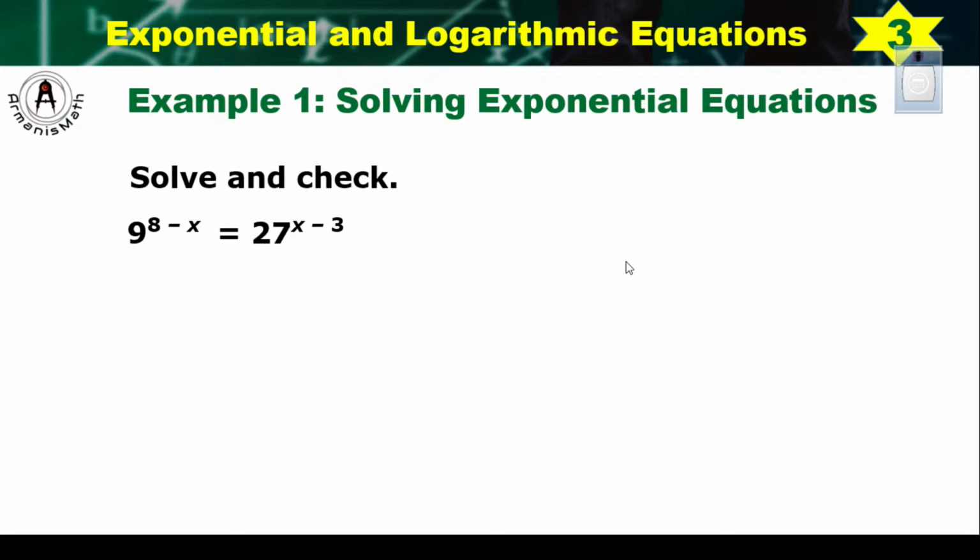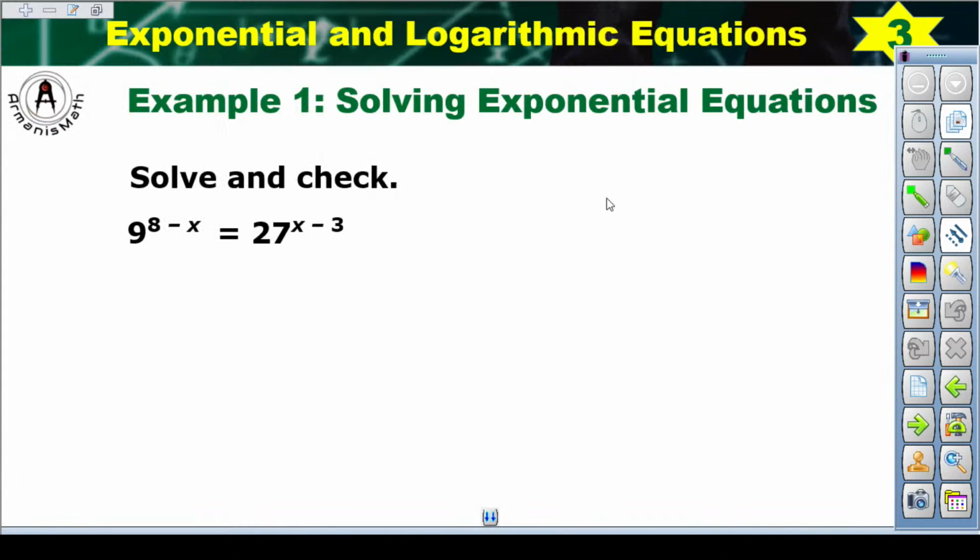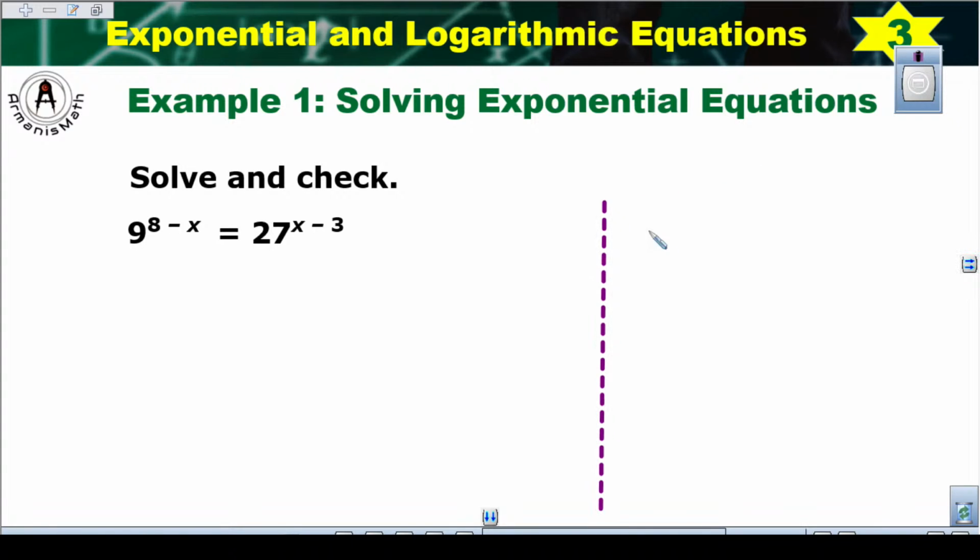I'm going to talk about one thing before I talk about this example, which I'm going to doodle on the side here. I'm going to take baby steps. So let's start with a baby step. First things first, I am giving you this item: 2 to the third equals 2 to the x.